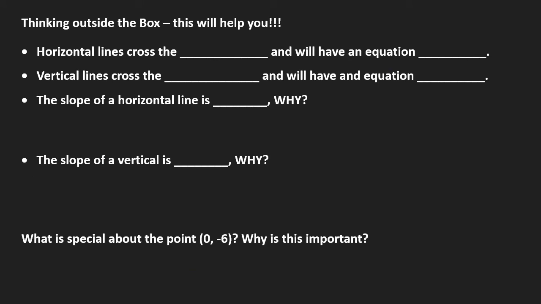When I talk about thinking about things on a different level, I want you to think about horizontal lines and what axis they cross. It's very easy to think, all right, I have a horizontal line right here, it crosses x because it's horizontal, but really horizontal lines will cross the y-axis. Therefore, they're always going to have an equation that's y equals any number.